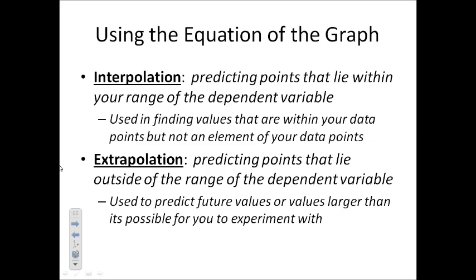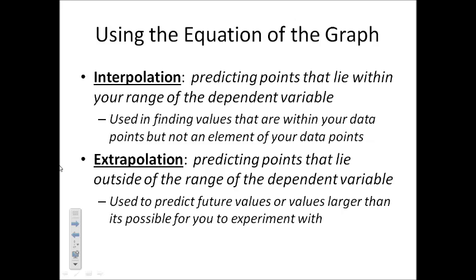And extrapolation means that we're picking values that are maybe way off in the future or way off in the past, so outside of the data. So interpolation is finding values inside the data, so within the range, and extrapolation is finding things outside the range of the data.